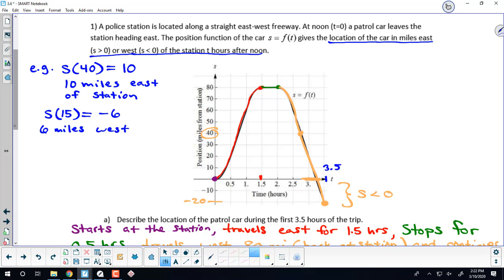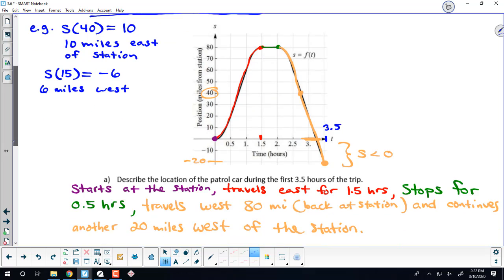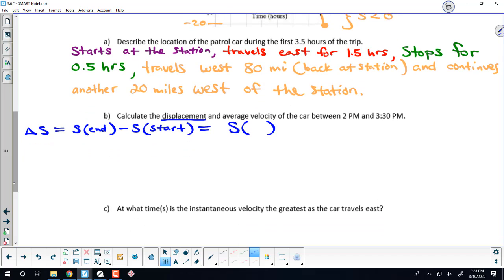If noon is 0, then 3:30 is 3.5 hours later. So the position at 3.5 minus the position at the start, which is at 2 p.m., which is 2 hours after noon. Does that make sense? Anybody have any questions on that?